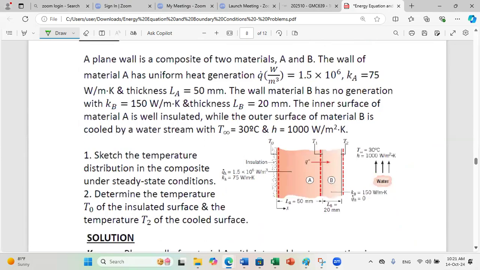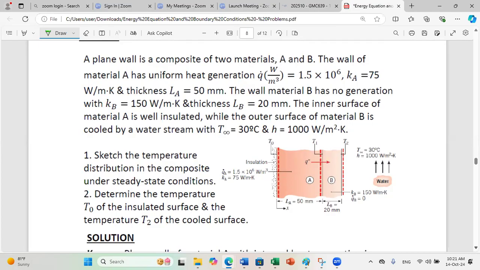A plane wall is a composite of two materials, A and B. The wall of material A has uniform heat generation, Q dot, in watt per meter cube, equal to 1.5 times 10 to the power 6. We have that Ka is 75 watt per meter Kelvin, and the thickness La is 50 millimeter. The wall material B has no generation, with Kb equal to 150 watt per meter Kelvin, and thickness Lb equals 20 millimeter.